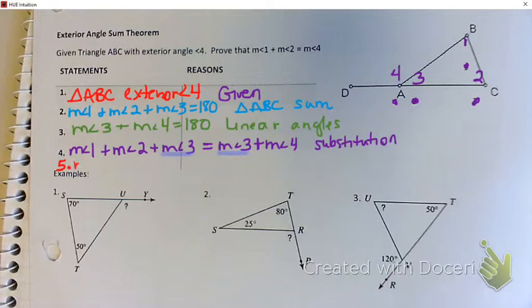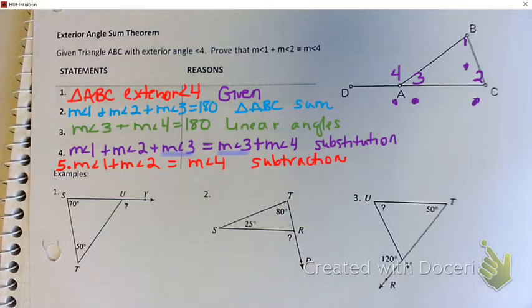You actually can, so I'm making one more step. Measure of angle 1 plus measure of angle 2 equals measure of angle 4. And my reason is subtraction, because I'm getting rid of angle 3 on both sides. And now I've got what I was asking for. I wanted 1 and 2 to equal 4. And that's what happens with the exterior angle theorem.